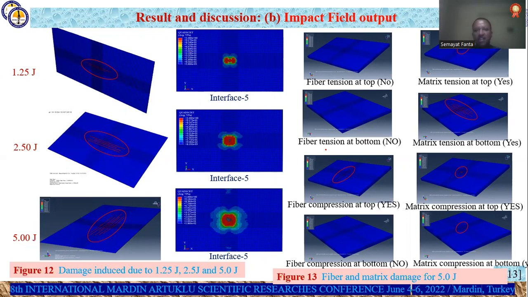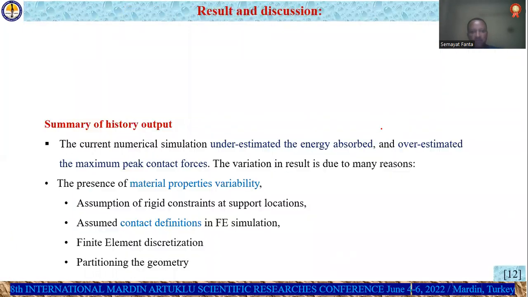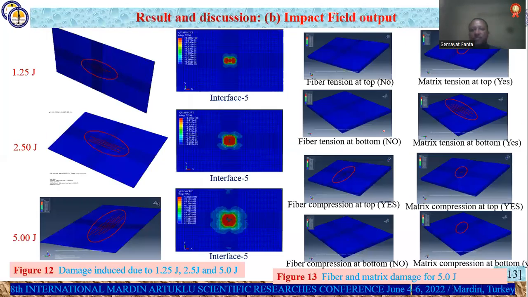And then in general, how can we define the fiber and the matrix damage? Let's see, for fiber, the top and the bottom part. Fiber tension at the top, no damage. Fiber tension at bottom, no damage. Fiber compression at top, there is damage.